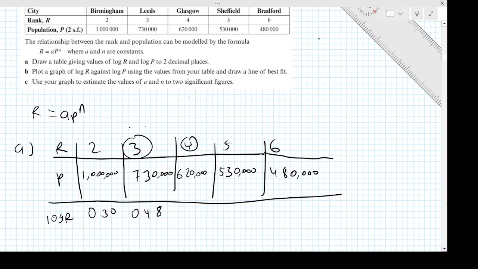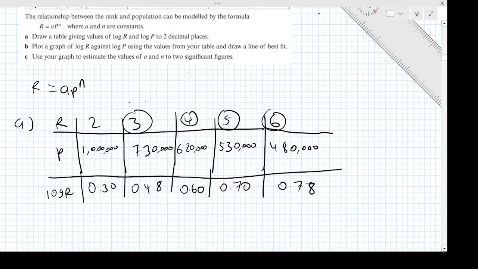Log 4 would be 0.60. Log 5 would be 0.699, which rounds up to 0.70. And log 6 is 0.78. Okay, a rough little table. That's the values of log R if I literally log all the values.